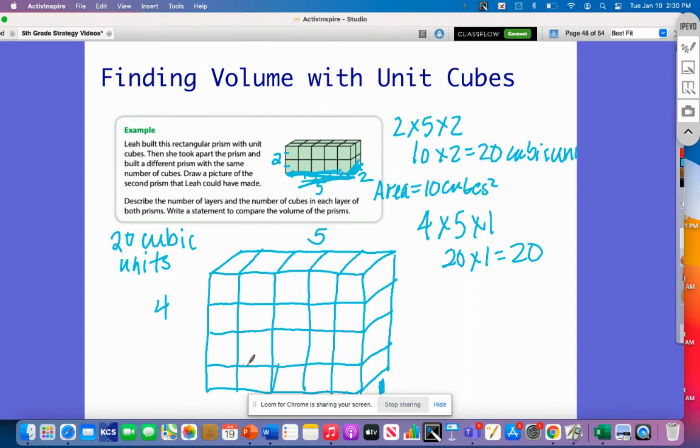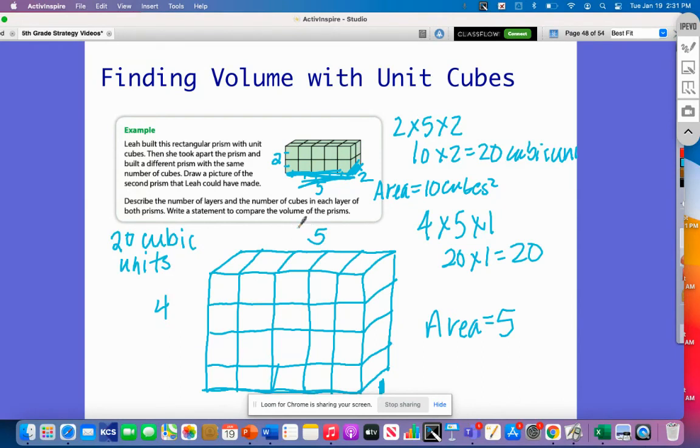Now this one would be, let's see, 1, 2, 3, 4, 5, a 5 by 1. So the area would be 5. What we have in common is we still have 5. So our length has stayed the same, but the height and the width have changed. Only the length stayed the same.